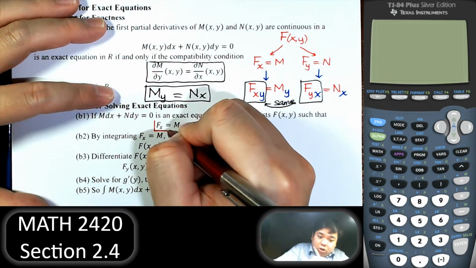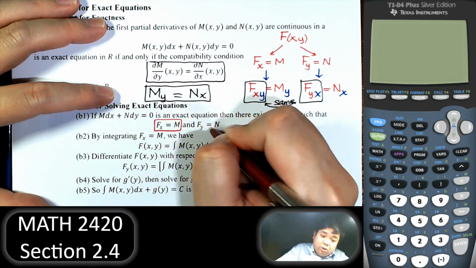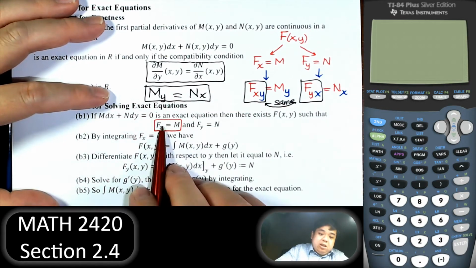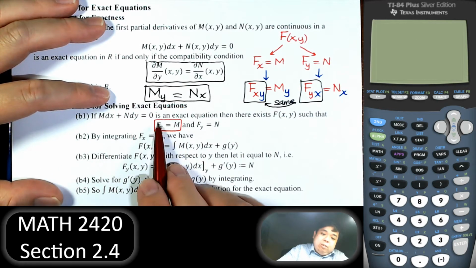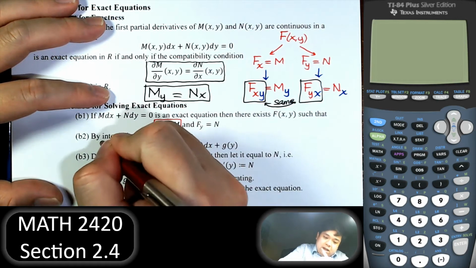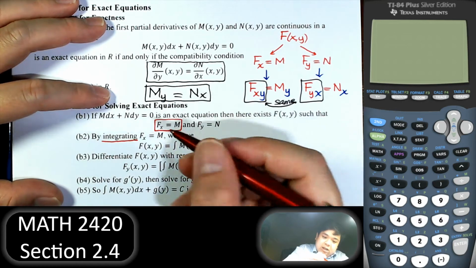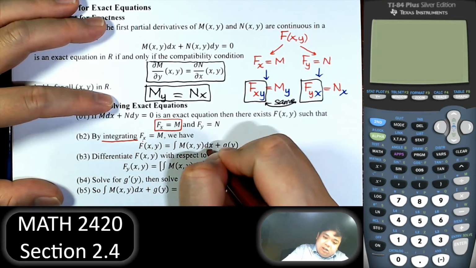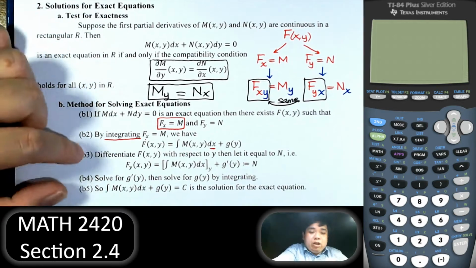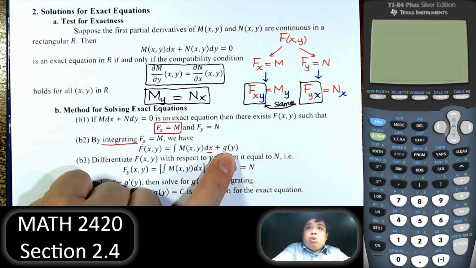for an exact equation, when we solve it, we start with either one of those two. If f_x equals M, integrate both sides with respect to x. If we integrate with respect to x, the constant will be in terms of y.